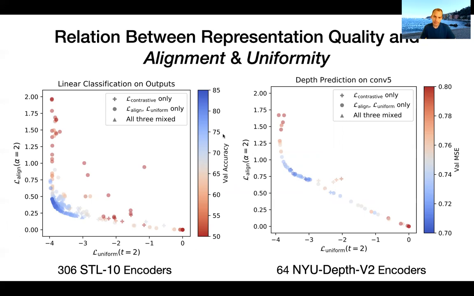And in color, we have transfer performance. How good are these representations when you transfer them to a new task? And it turns out that aligned and uniform representations end up achieving the best performance at transfer to classification tasks or at transfer to depth prediction tasks. And actually, we've run this in a bunch of other settings too, on language data sets. You get the same story. Good representations are those that are both aligned and uniform.